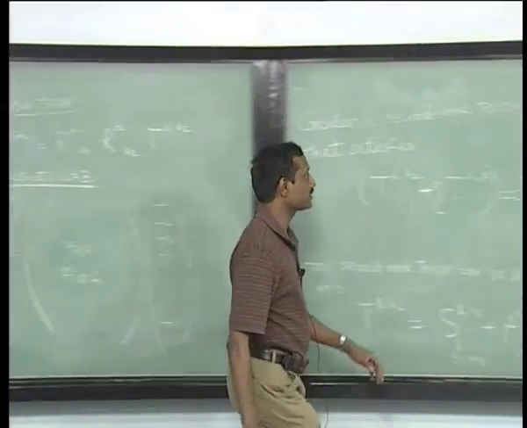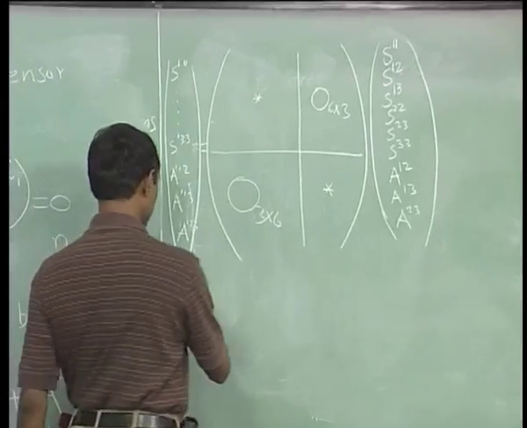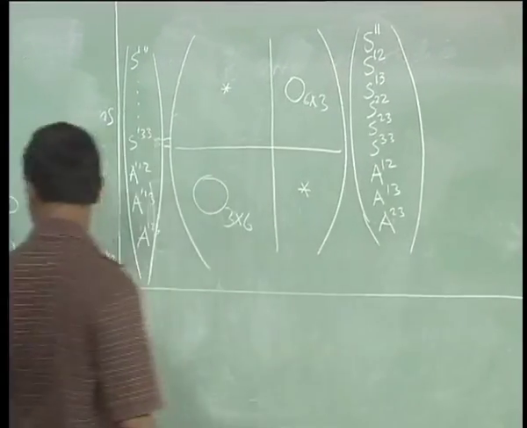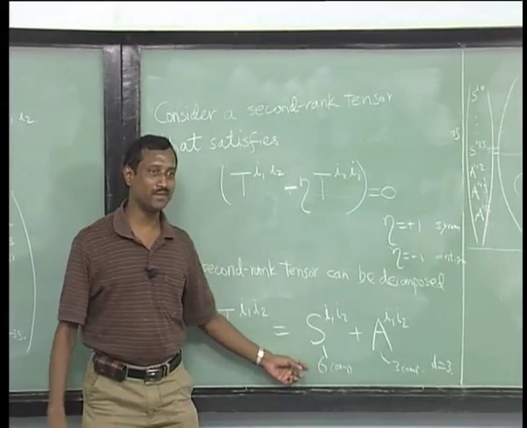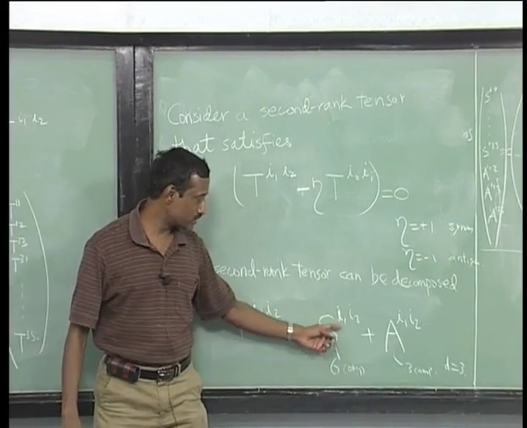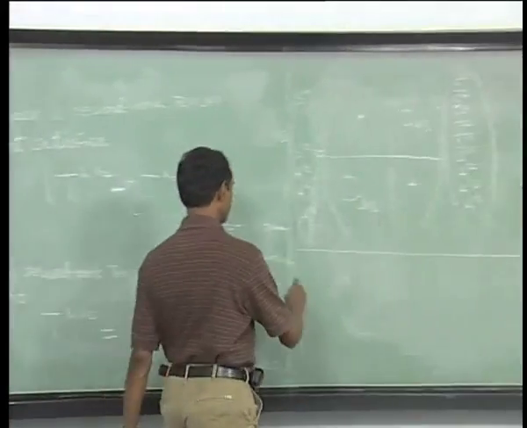Okay. In fact, there is something little bit more you can show. This is not the end of the story. You can show that even this breaks up into a 5 and a 1, 5 in the sense that there is a trace of it which behaves like a scalar. Okay. So, exercise again.